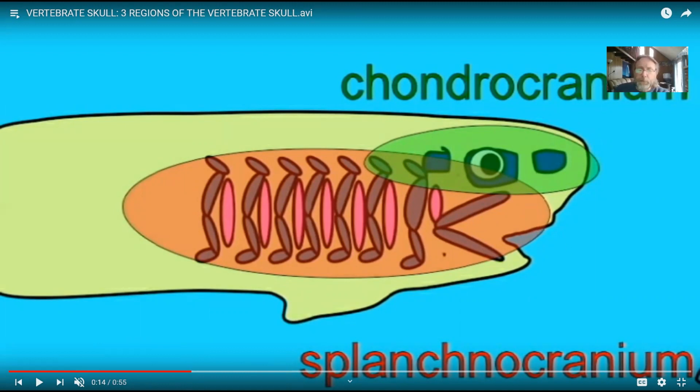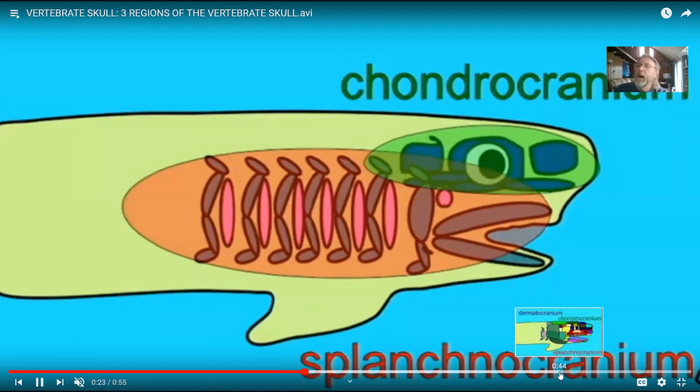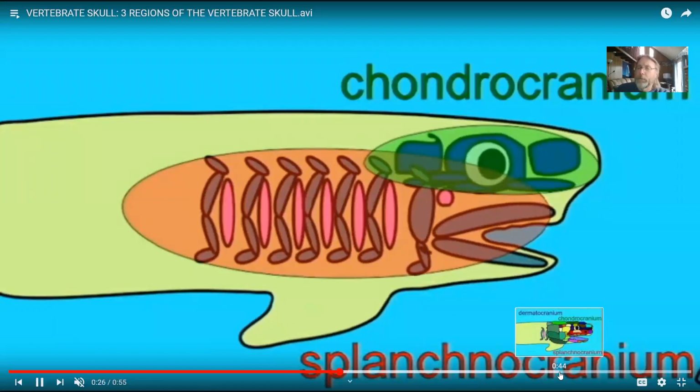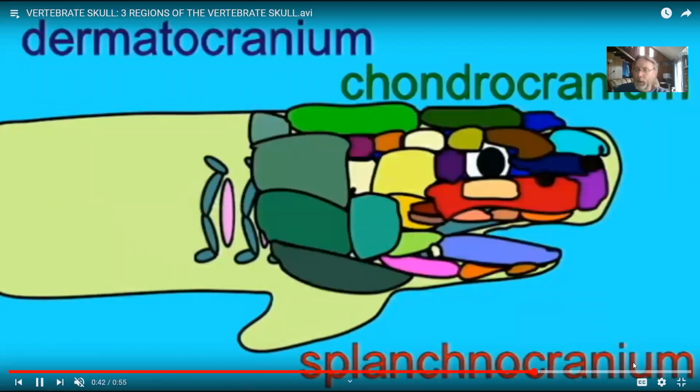It precedes another region known as the chondrocranium, which is cartilage which would form underneath the brain, and then also around the ear as an otic capsule, around the eye, and around the nasal region. And long before the third and final section of the vertebrate skull, where dermal bone formed what's known as a dermatocranium.